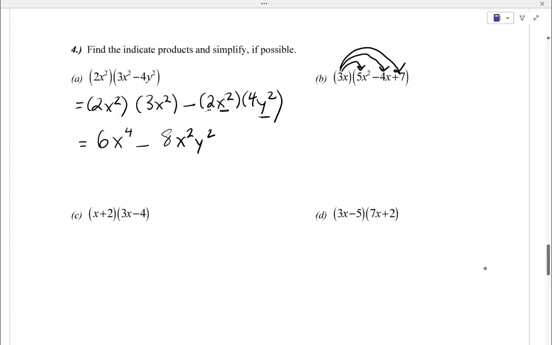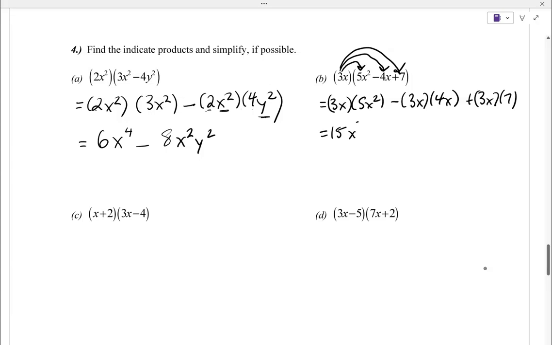So we would have 3x times the 5x squared, 3x times the 4x, and the 3x times the 7. Right? Distribute that to every single piece. When we simplify in that first term, what would we have?